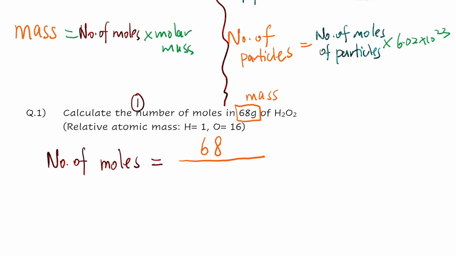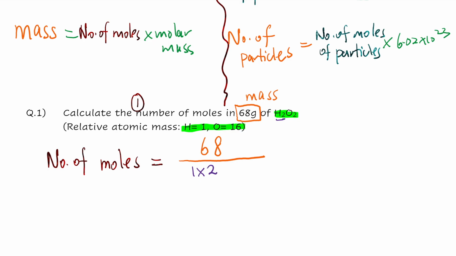So here, let me take a highlighter and highlight this. We're just going to add them up using our relative atomic mass. How many hydrogen atoms do I have here? I have 2 hydrogen atoms, and the relative atomic mass of hydrogen is 1. So 1 times 2.